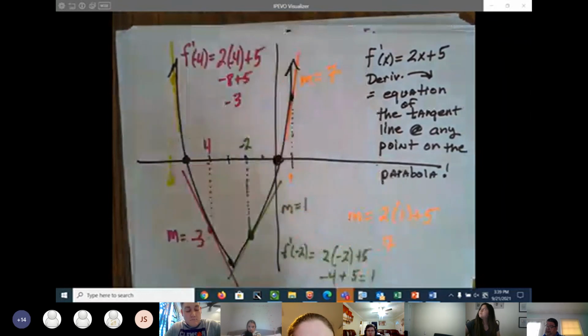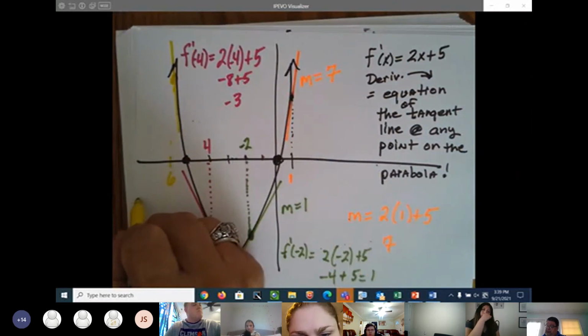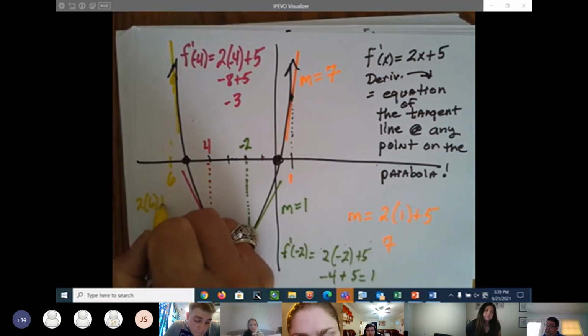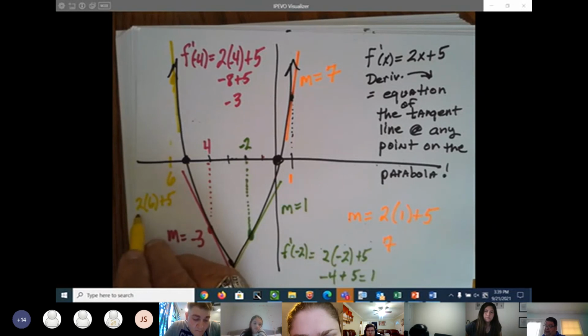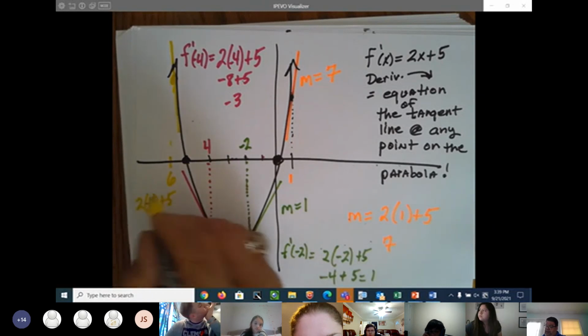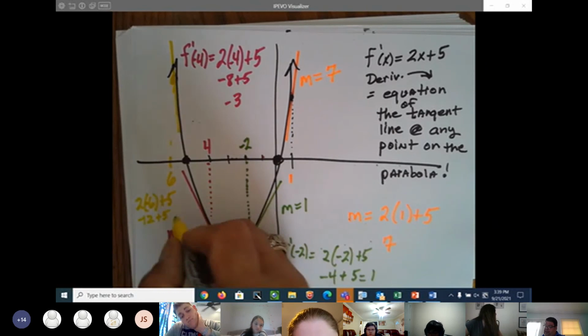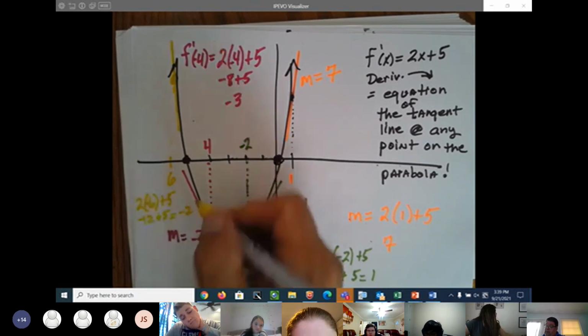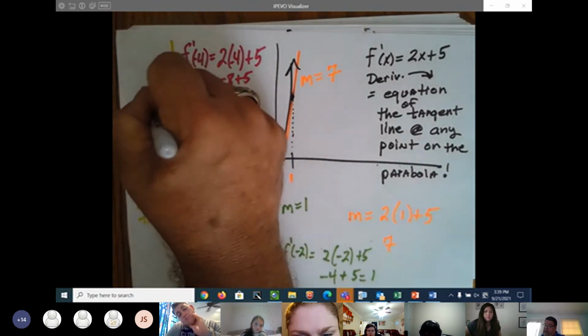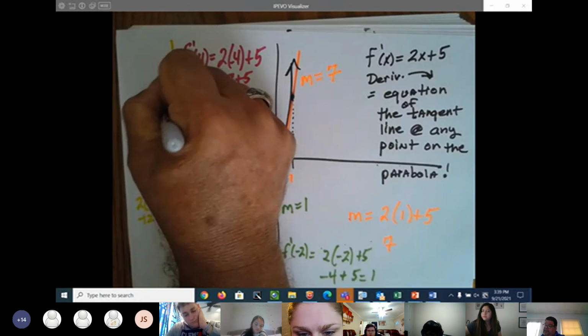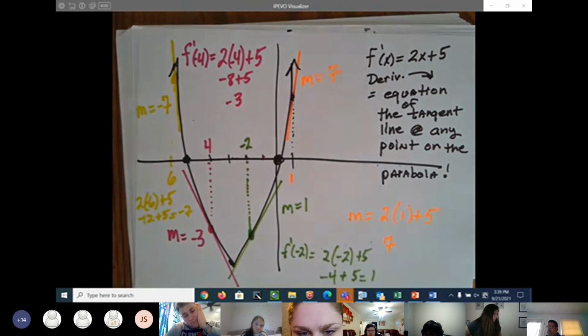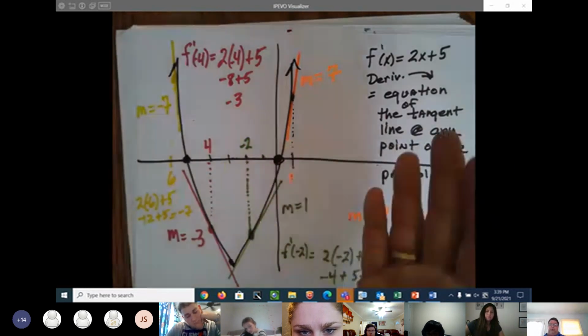So at 6, that's going to be 2 times negative 6 plus 5. 2 times 6 is, or sorry, negative 12 plus 5 is negative 7. So the slope of the yellow line is negative 7. That's why the derivative is so important.